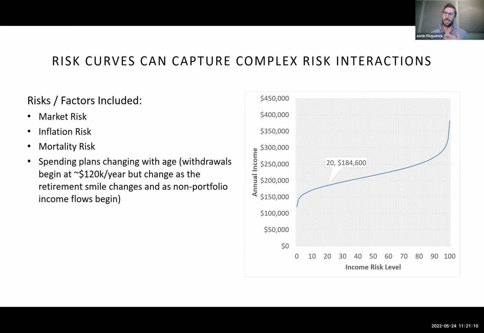And again, we see that we can go through the exact same process of, okay, there's going to be a range of possible incomes, possible spending levels, possible standards of living that this household could have. And we're just going to have to find a level that strikes that balance between the lifestyle that they would like and the risk that they're willing to take on.